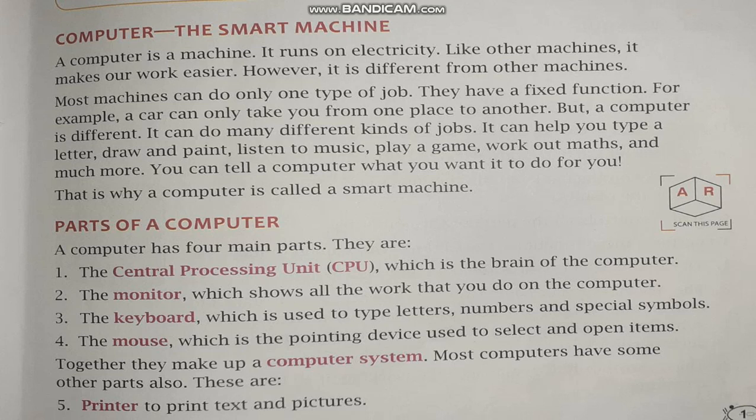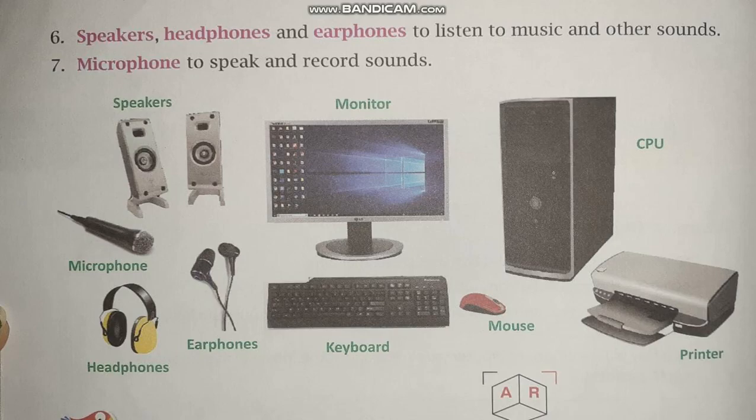Most computers have some other parts also. There is a printer to print text and pictures. Then speakers, headphones and earphones to listen to music and other sounds. And next one is the microphone to speak and record sounds.